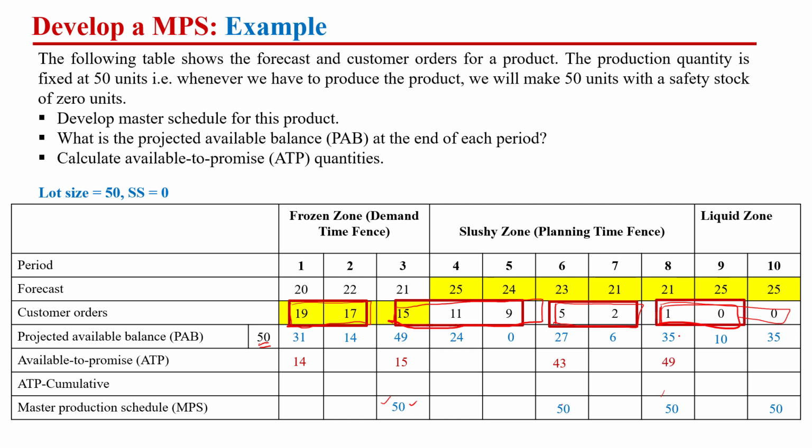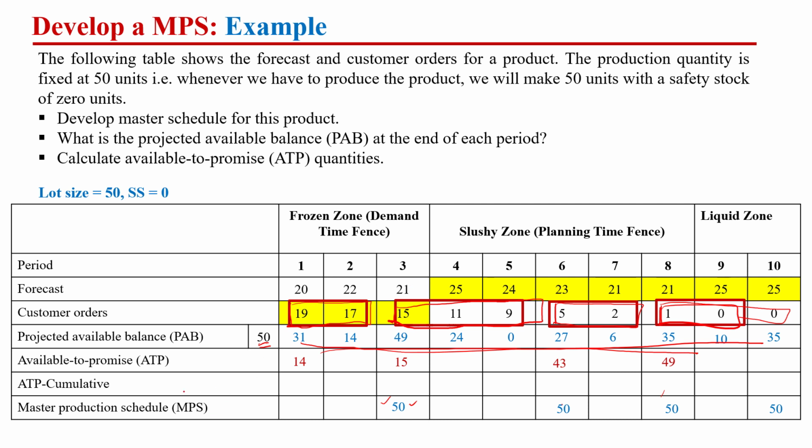Okay, so how I am saying that if we use the available to promise in order to manage our inventory, the inventory level is going to be reduced. As you can see, if I add this inventory and this one, the available to promise is significantly lesser than the projected available balance.